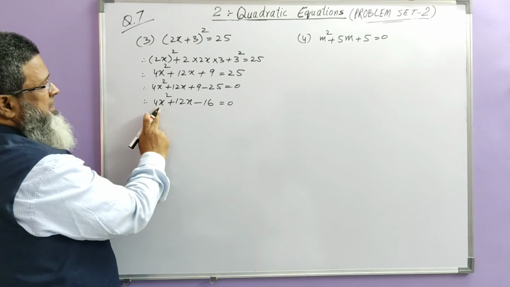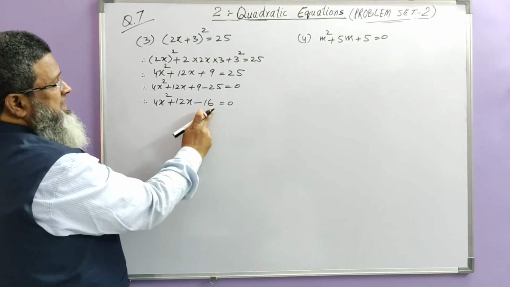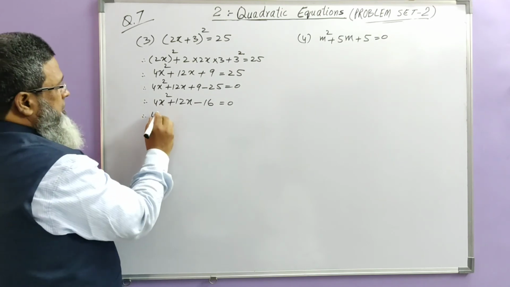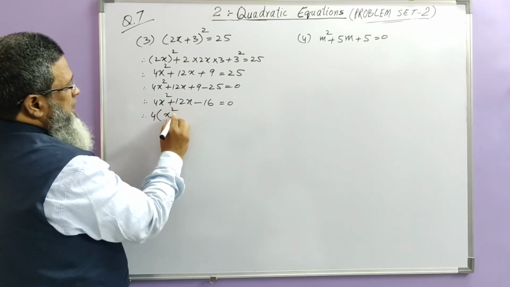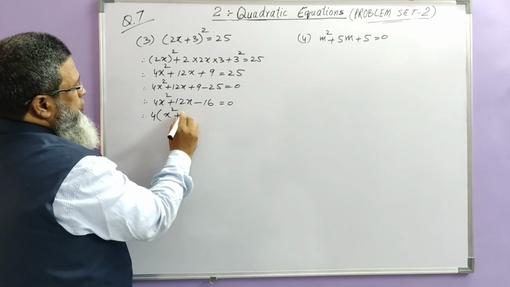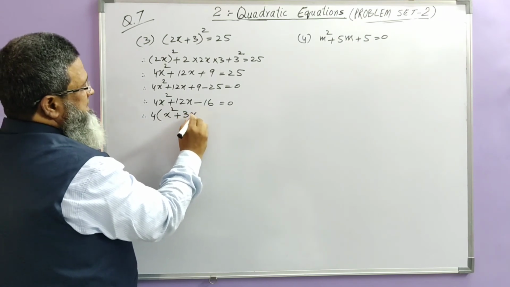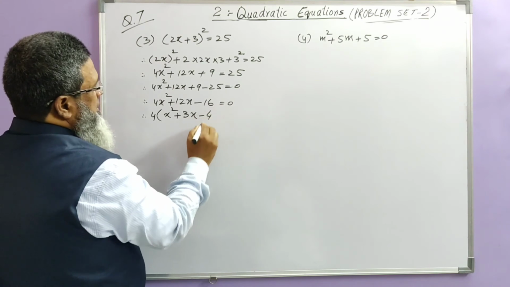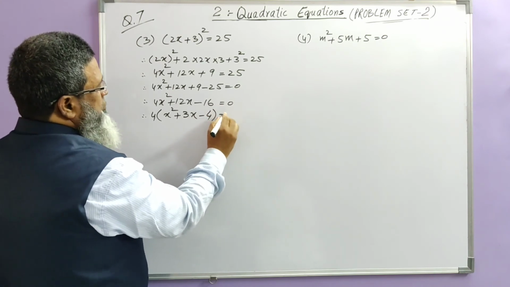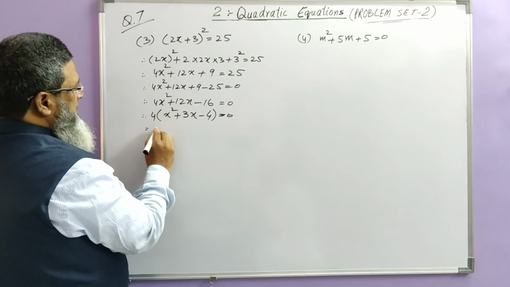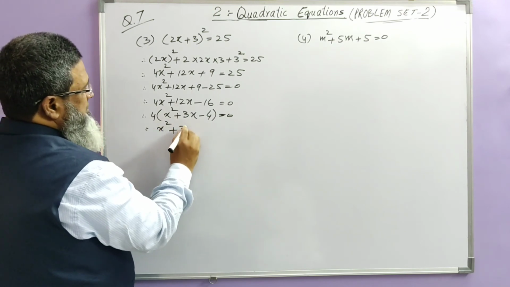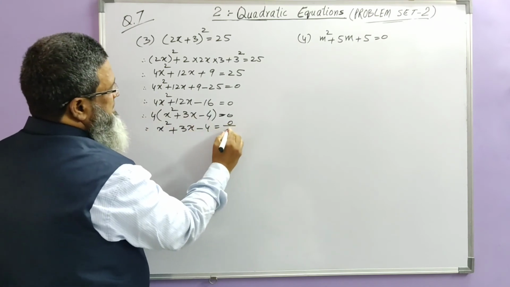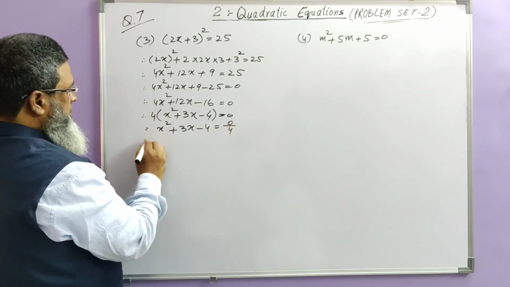Here 4x square, 12x and 16, you will get 4 as common. 4 is common, x square plus 4 3s are 12, so 3x minus 4 4s are 16 is equal to 0. Then x square plus 3x minus 4 is equal to 0. This 4 comes to this side and becomes the denominator.